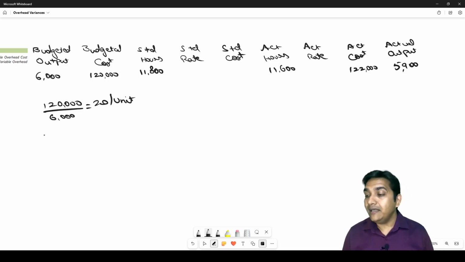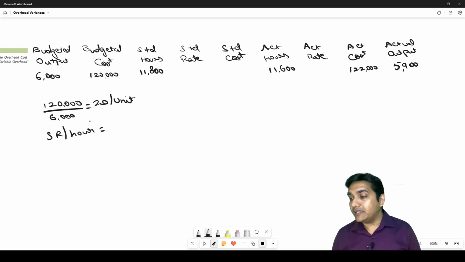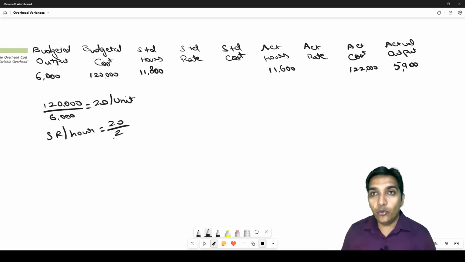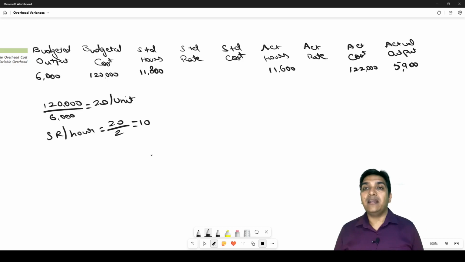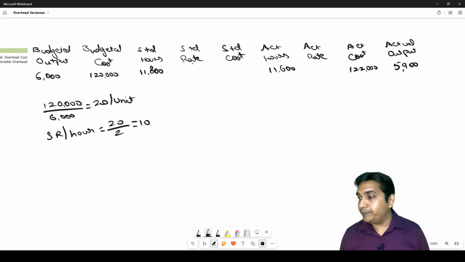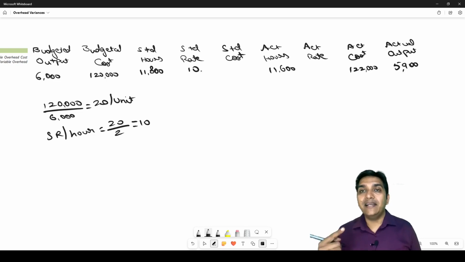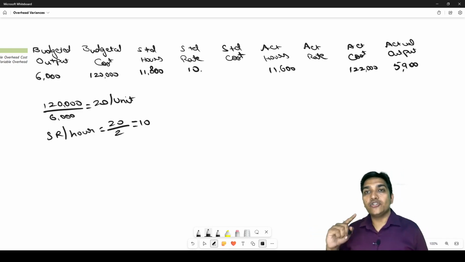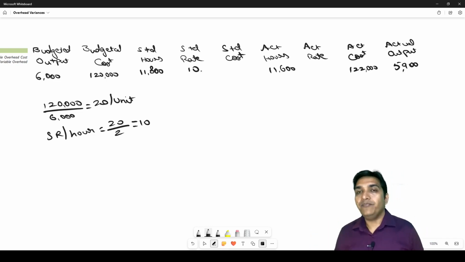But we need standard rate per hour. So what we will do further is 20 divided by 2. Why 2? 2 hours are required to manufacture 1 unit. So per hour my standard rate will be 10, right? So it is not 20, it should be 10.